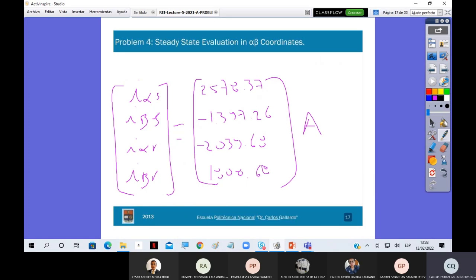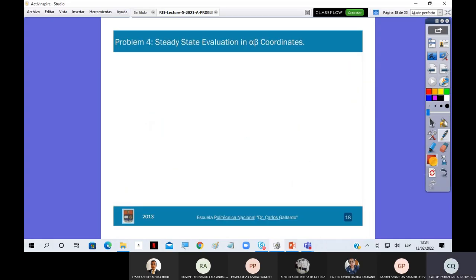Okay, so finally, let's compute the electromagnetic torque and the active and reactive power, as much for the stator as for the rotor. Okay, so let's continue with the electromagnetic torque.